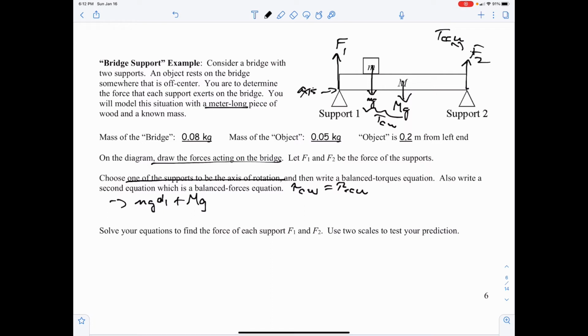Since it's at the meter point, it would be half a meter. And we're going to set that equal to the one counterclockwise torque, which would be the force from the support. That would be force 2 times the entire distance d3.